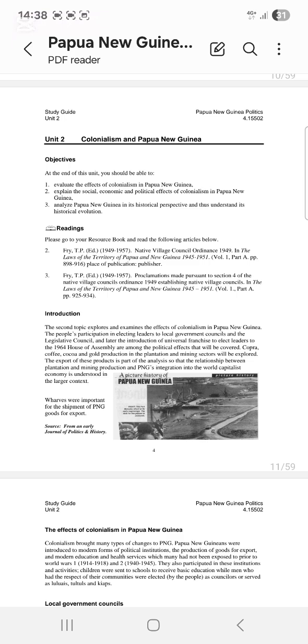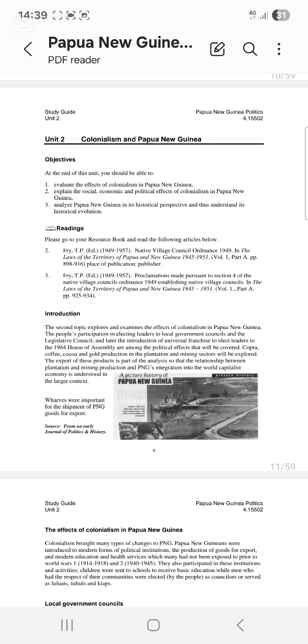Number 3 objective is analyze. Ask yourself again, what am I going to analyze? You are going to analyze the historical perspective, the history of colonialism and its evaluation. So it's a fancy way of saying that you are going to analyze the story of colonialism in Papua New Guinea.